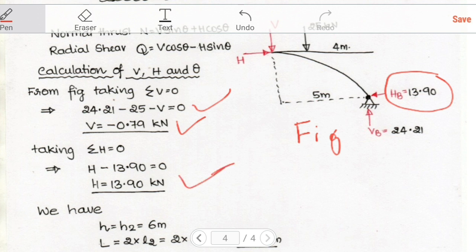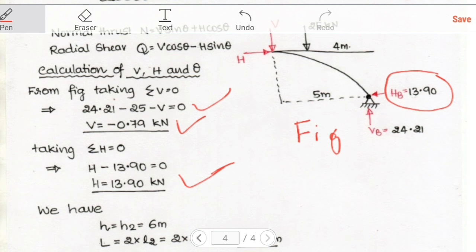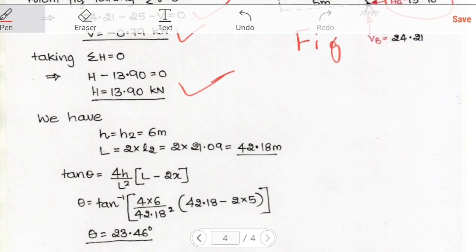And again, in order to calculate theta, you can use this particular equation where H is nothing but 6 meter and L is nothing but 2 times L2, that is 42.818 meter.